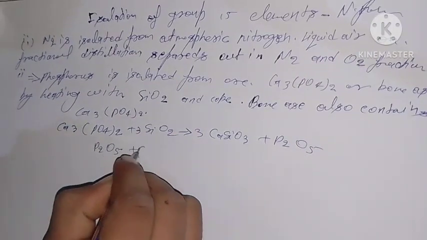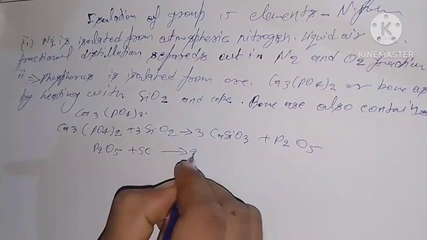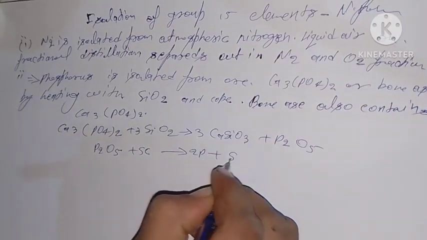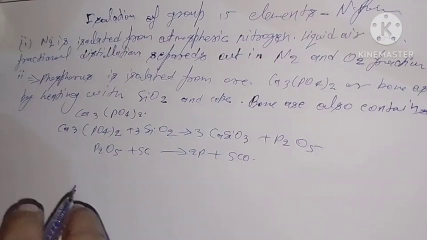P2O5 plus 5C gives 2 phosphorus plus 5 carbon monoxide.